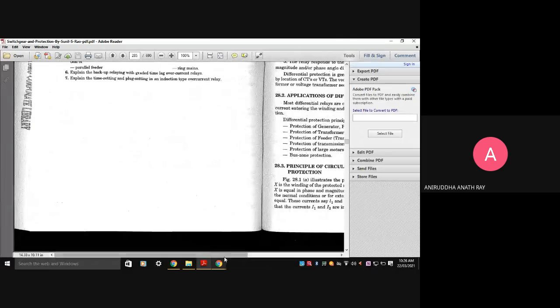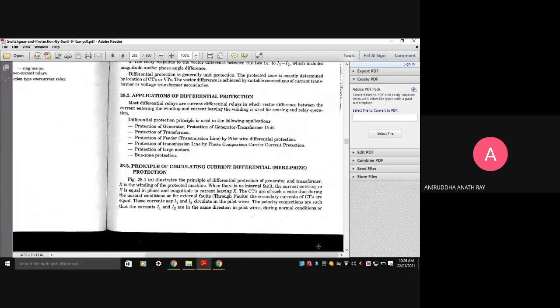Now let us look at the main principle of differential protection. Most differential relays are current differential relays. Let me tell you the application first, then I'll go to the principle.